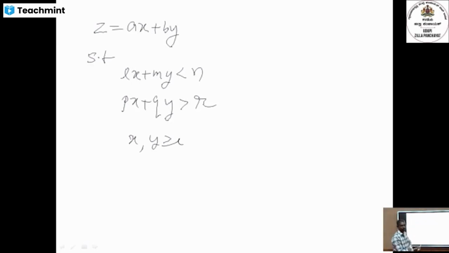Finding an optimal solution means you have to get the value which satisfies all these inequalities, and when you substitute it, you will get the maximum or the minimum according to the condition. So it is optimization. Depending upon the question, it changes.